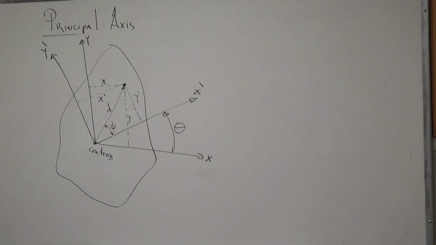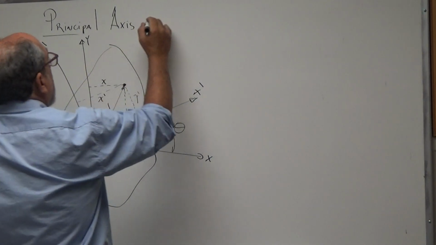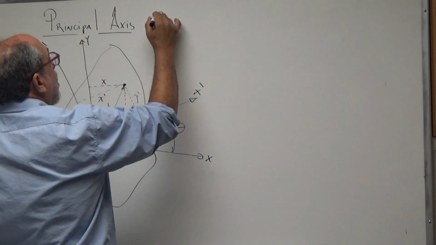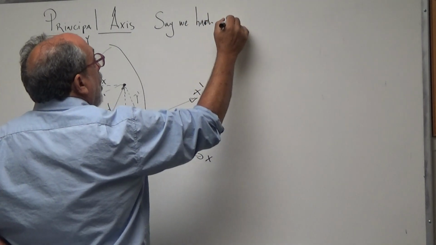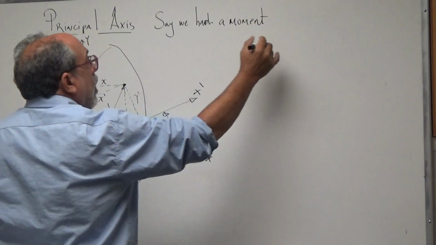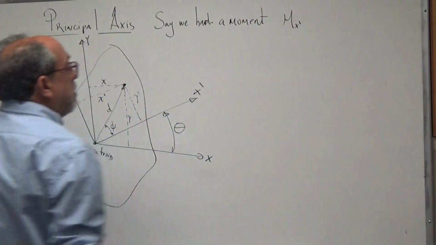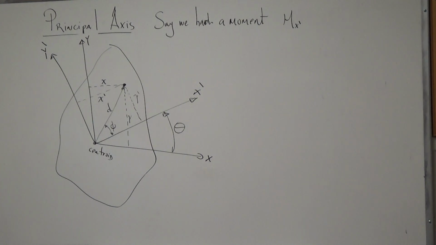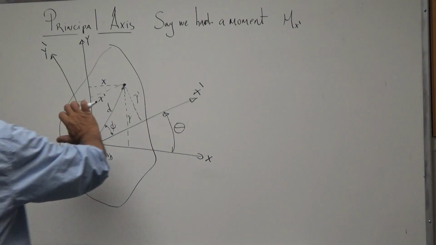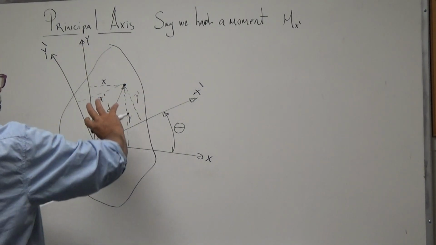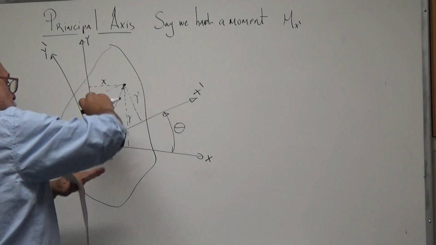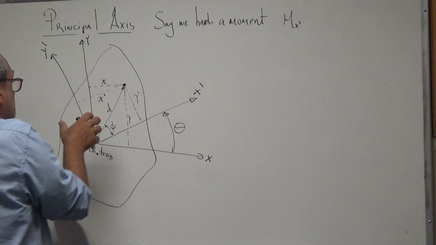That tells everything. Now, let's assume that we had a moment about the x prime axis. Because the x prime axis is a principal axis, the stresses that would be developed in this cross-section would be such that the resultant would give a moment only about x prime and nothing about y prime.